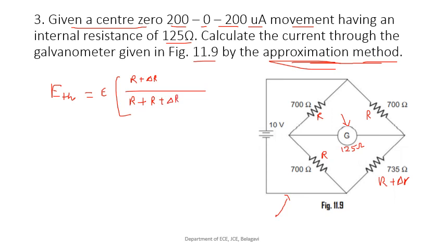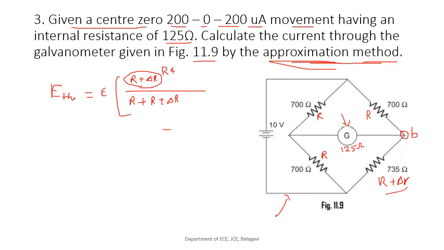This is the first term, the voltage at this point, let us say point B. The first term we have written is R plus delta R divided by R plus delta R, which is R4. Try to understand.